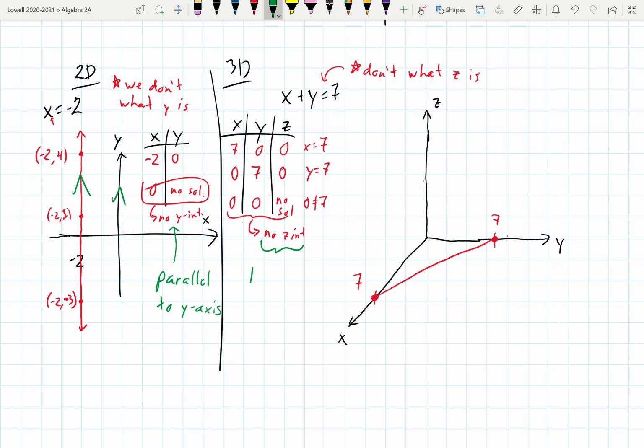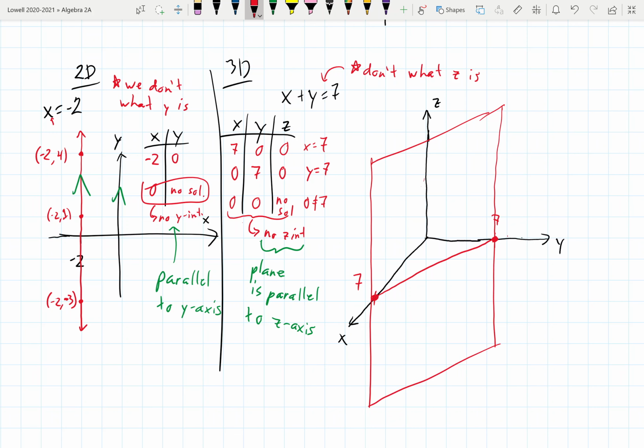Our plane, because we're in 3 dimensions, is parallel to the z-axis. And so the way we could draw this is, this plane is neither tilting away from us or towards us, and so it just simply goes straight up and straight down. Oops, I missed, but you get the idea.